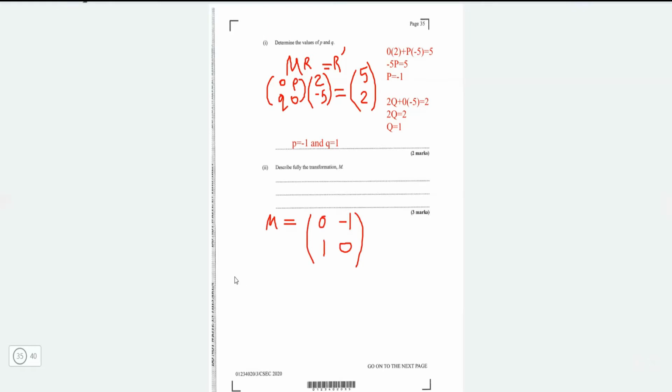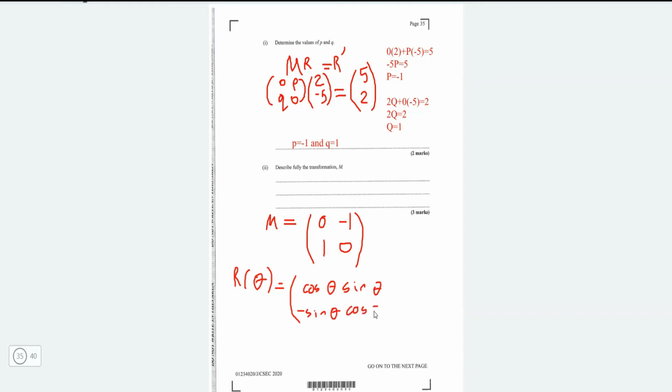Always remember the rotation matrix formula. Remember I told you this. R of theta, the rotation matrix formula, is given by (cos theta, sin theta; -sin theta, cos theta).